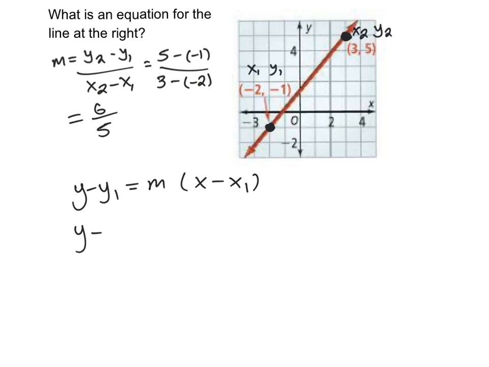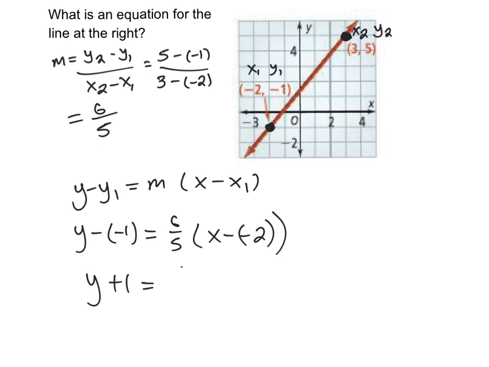So y1 is -1. Our slope is 6 over 5. X is constant, and our x1 is -2. And then we can simplify this to y plus 1 is equal to 6/5 times x plus 2.